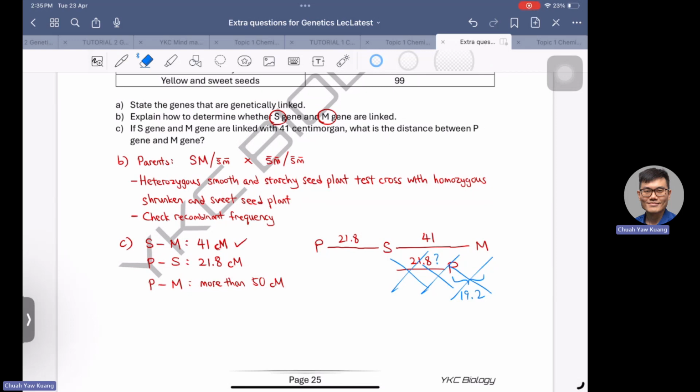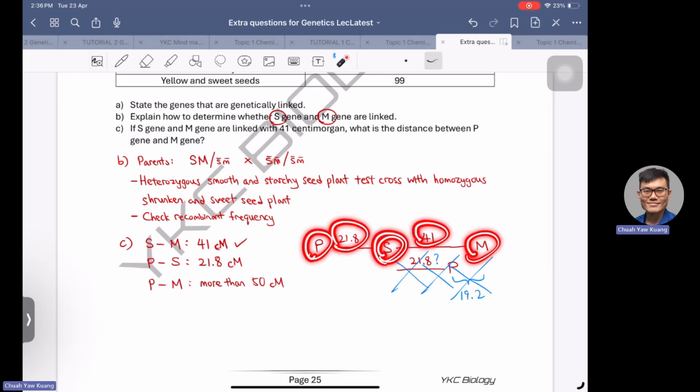After we have confirmed, from P gene to S gene is 21.8, and from S gene to M gene is 41. Can we find the distance of P to M? Yes, we can.